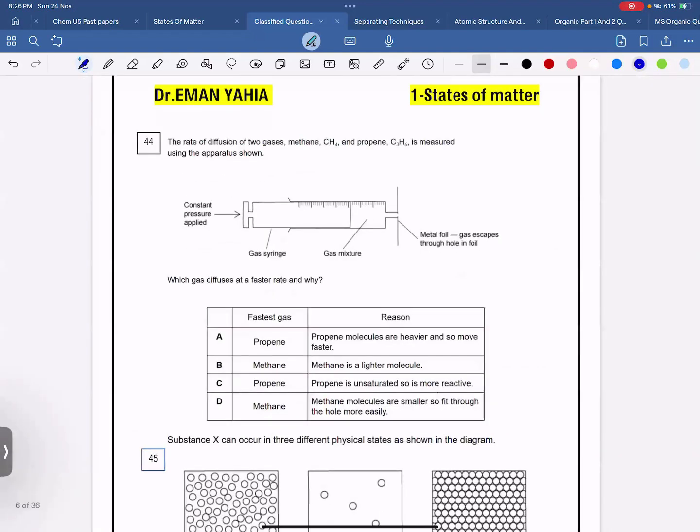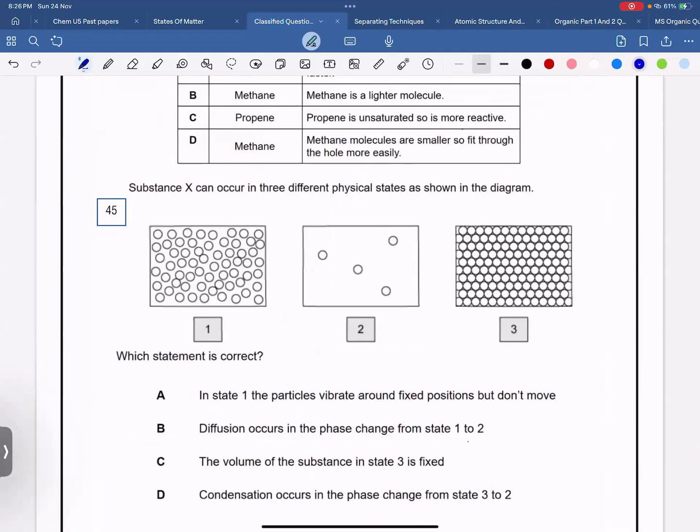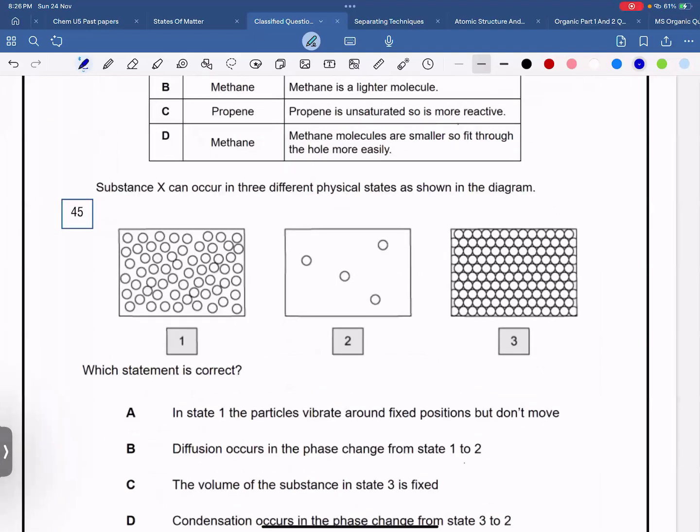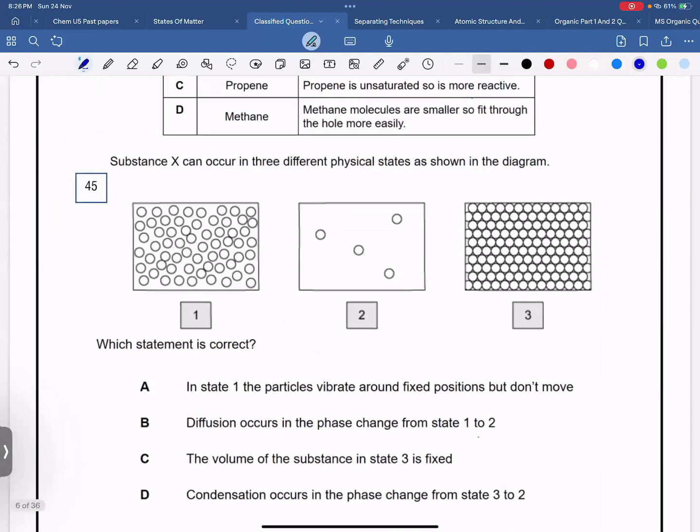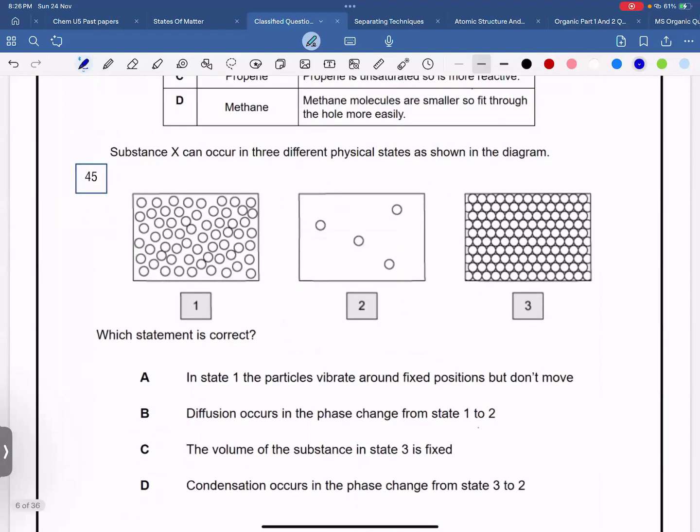Then, next question. Substance X can occur in 3 different physical states as shown in the diagram. Which statement is correct? In state 1, particles vibrate around a fixed position. Incorrect. Liquid, which is 1. 2 is a gas. 3 is solid.